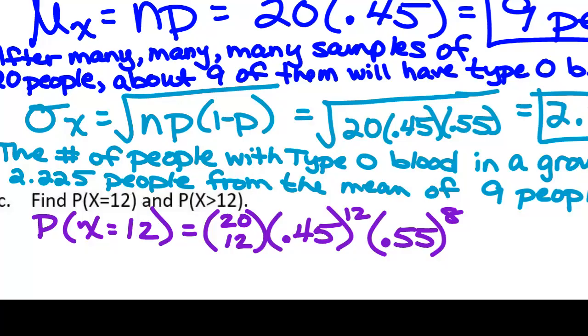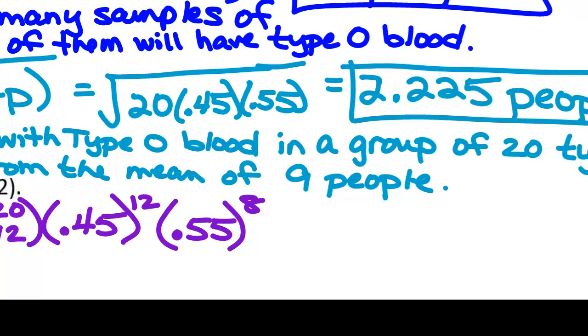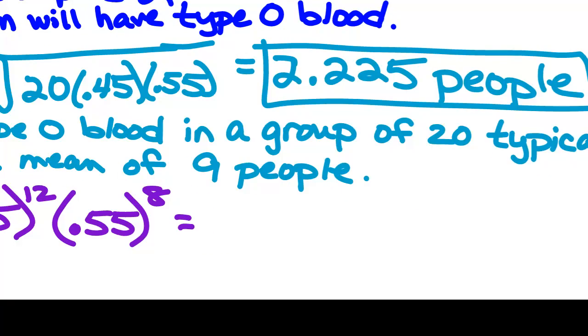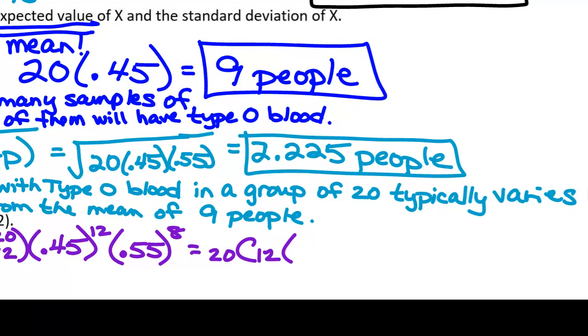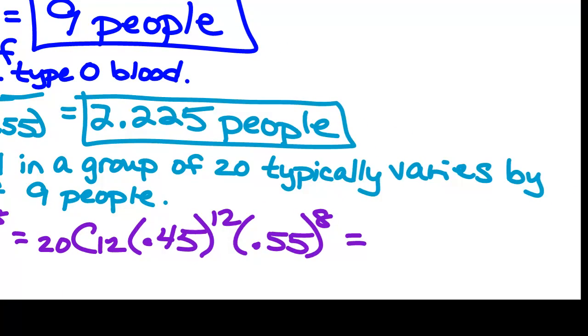If we have 12 successes, that means 8 failures because my group size is 20. How do you actually put that in the calculator, though? 20C12. And you can type this all into the calculator. You don't have to find what 20C12 is. You can do 20C12 and then keep typing next to that. You don't have to hit enter. We come out with about 0.0727.